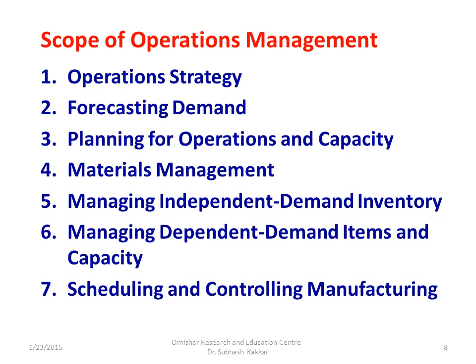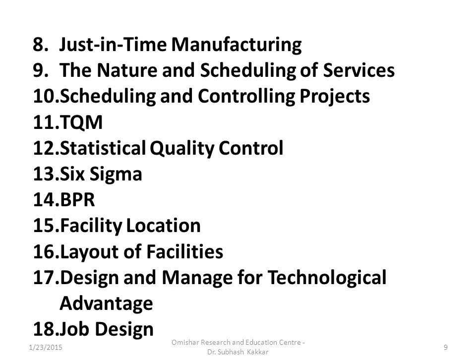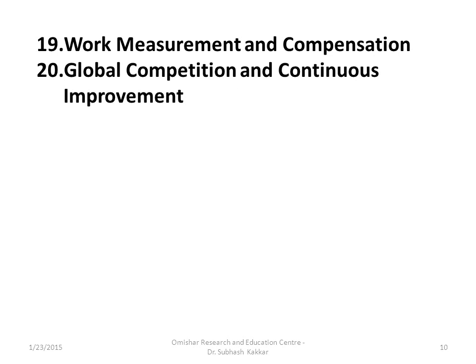Scope of operations management: operation strategy, forecasting demand, planning for operations and capacity, materials management, managing independent demand inventory, managing dependent demand items and capacity, scheduling and controlling manufacturing, just-in-time manufacturing, the nature and scheduling of services, scheduling and controlling projects, TQM, total quality management, statistical quality control, Six Sigma, BPR, facility location, layout of facilities, design and manage for technological advantage, job design, work measurement and compensation, global competition, and continuous improvement.